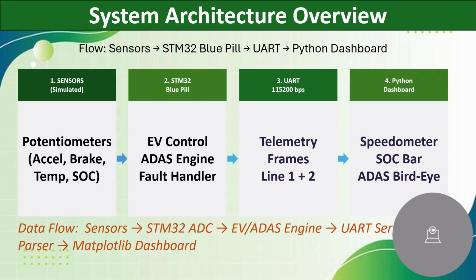First we talk about the sensor. As the sensor we use the potentiometer, which is present in the Pixim Lab. This potentiometer is further classified into four parts that show the acceleration, brake pedal, temperature, and SOC. SOC stands for state of charge.